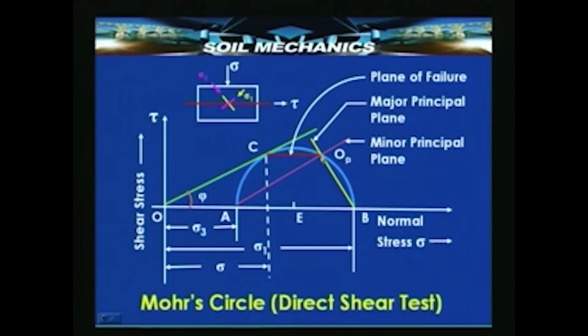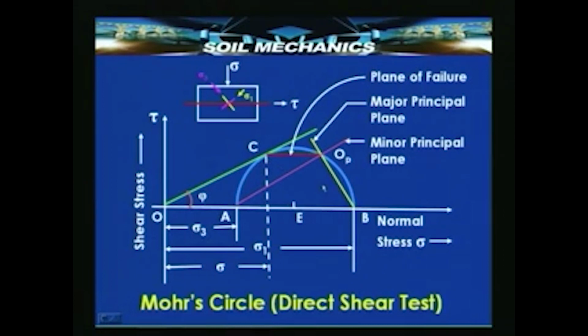And now, from this OP, if you draw a horizontal line OPC, then since it is horizontal, it will be nothing but the representation of the failure plane. In a direct shear test, as you remember, this failure plane is an imposed plane, a horizontal plane, and C will then have coordinates which are equal to the normal and shear stresses on the failure plane.